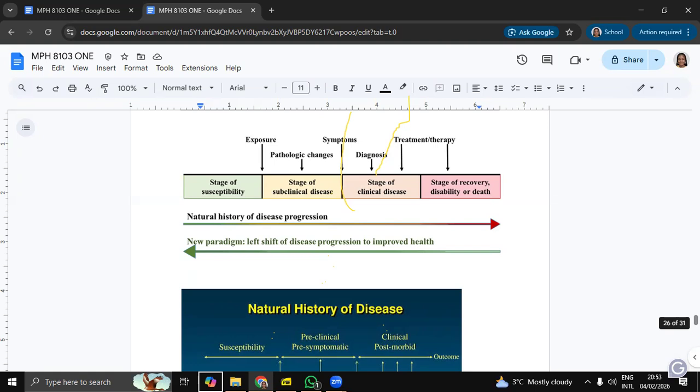So the first phase here is called the stage of susceptibility. What is happening here is that you just have a person who is susceptible to developing the disease. What does it mean? It means the person is not yet infected, that's if we're talking about infectious diseases. If we're talking about non-infectious, it means the person doesn't have the disease yet.